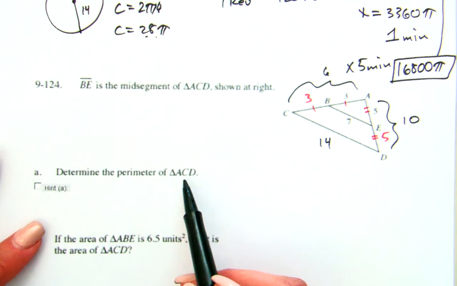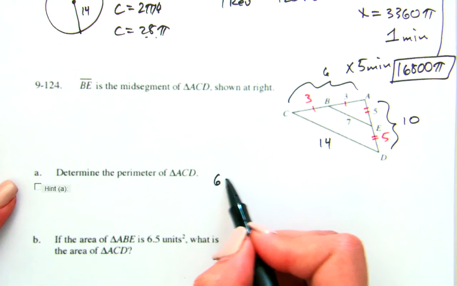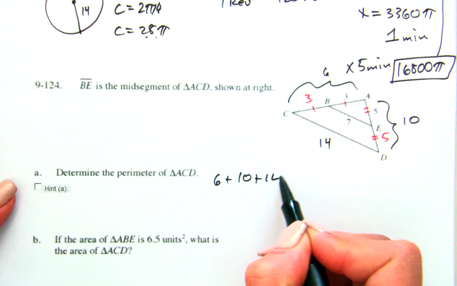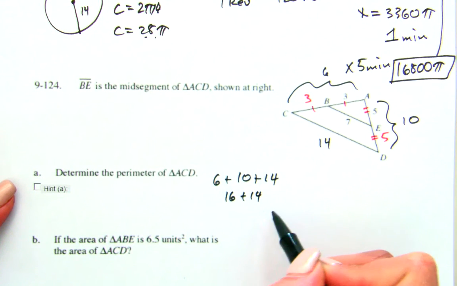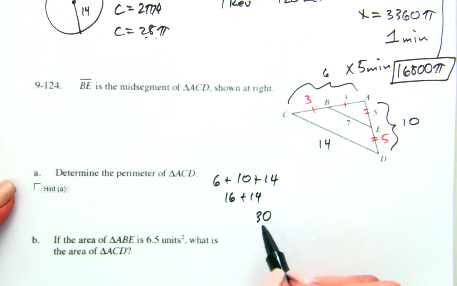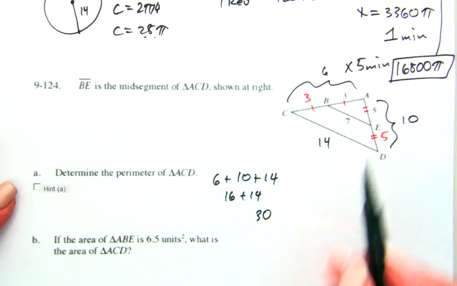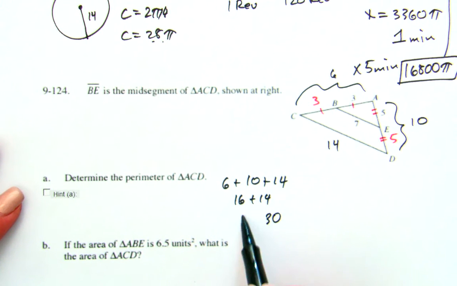So determine the perimeter of ACD. Okay, well then 6 plus 10 plus 14. That gives you 16 plus 14, so you get 30. Okay, so the perimeter of ACD, the large, is 30.